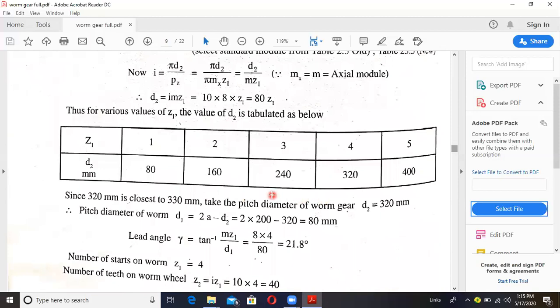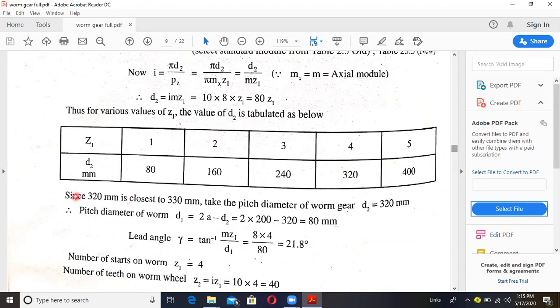See which is the nearer value to 330 in this table for diameter D2. For that 330, which is the nearer value: 80, 160, 240, 320 or 400? 320 is the nearer value, right?